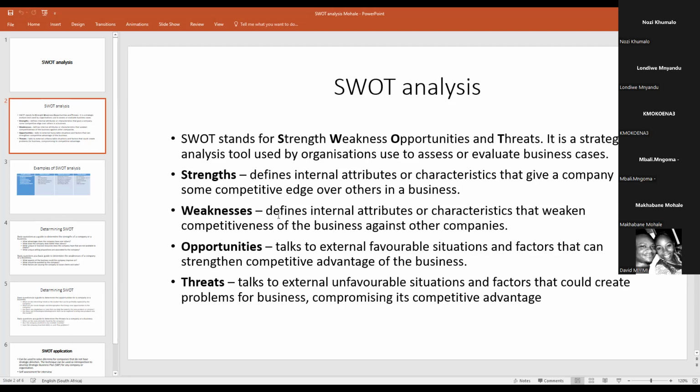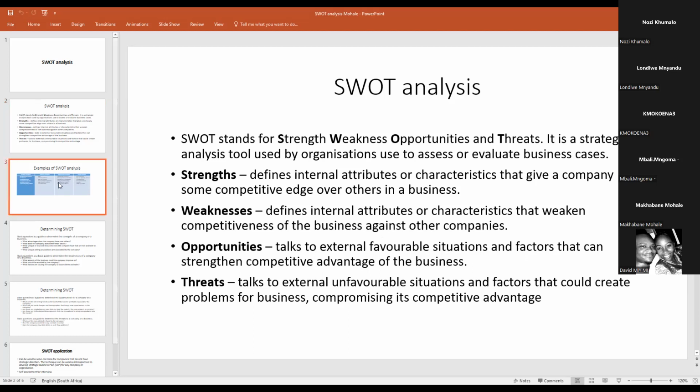Weaknesses define internal attributes or characteristics that weaken the competitiveness of a business against other companies. Opportunities are external favorable situations and factors that can strengthen the competitive advantage of the business. Threats are external unfavorable situations and factors that could create problems for businesses, compromising their competitive edge over other businesses.